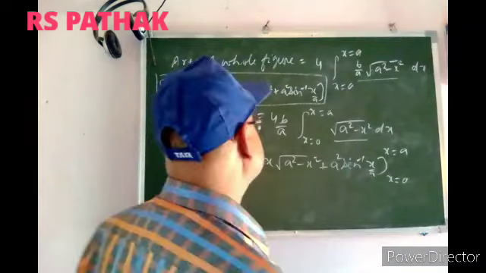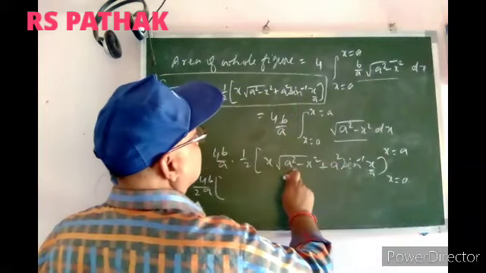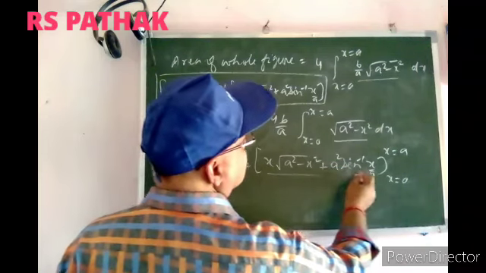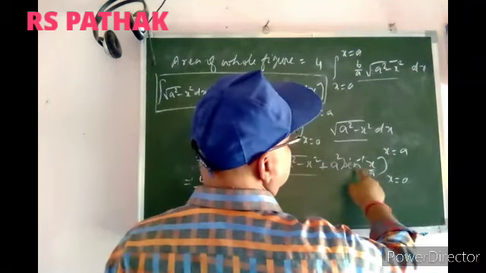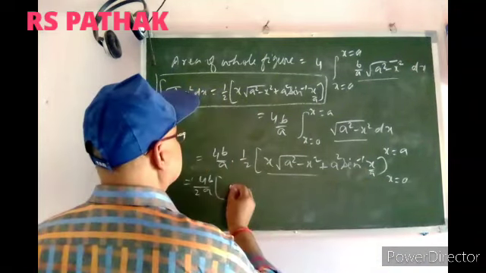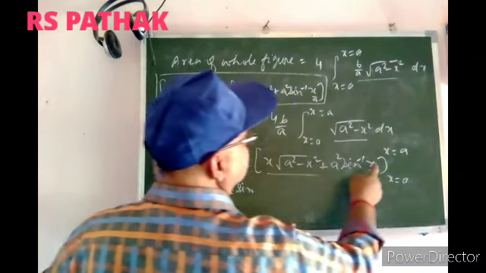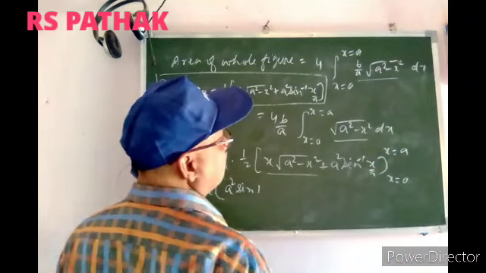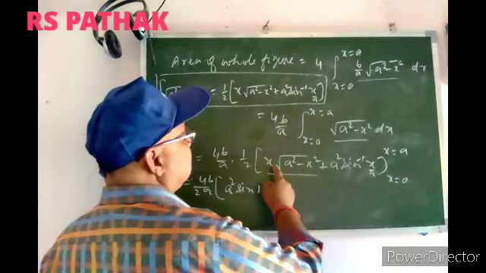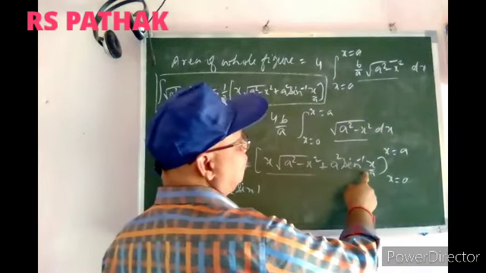Put this limit in place of x. If I put a, this term will become 0. This term will be a square sine inverse x upon a, where a upon a means 1. After putting the lower limit 0 in place of x, this term will become 0, and this term will also become 0.